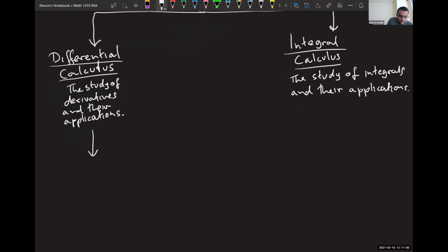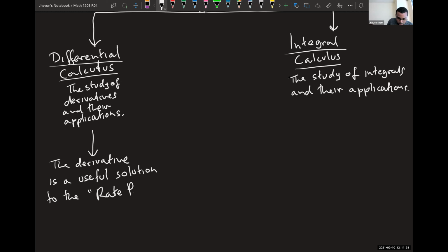The derivative is a solution, it's a very sophisticated solution, one of the most useful, a highly useful solution to the so-called rate problem.